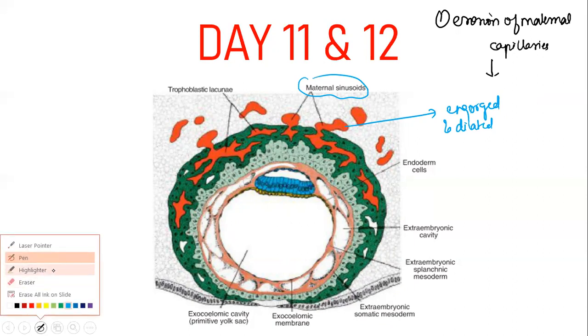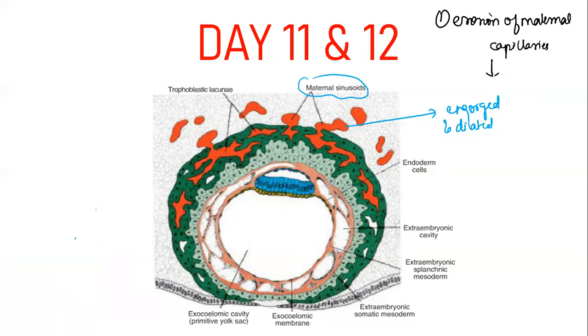So now do you understand why on day 9 the lacunae were formed? Because the trophoblast is invading the endometrium, and God has very well predicted that this will go and damage all the maternal capillaries. That will form sinusoids, and those sinusoids have to communicate with the embryo. So I have to establish lacunae. So God has created by predicting the future of the embryo, right?